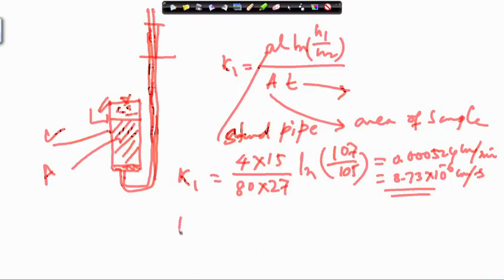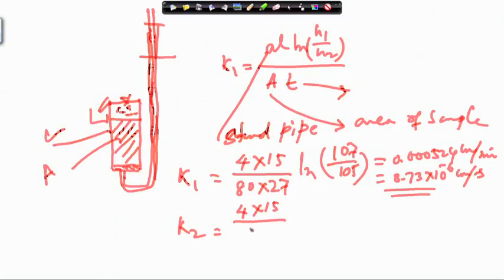Similarly, I can consider K2. K2 is what? Actually, I consider the observation between 2 and 3, that means at 27 minutes what is the reading and at 60 minutes what is the reading, the difference of these two.